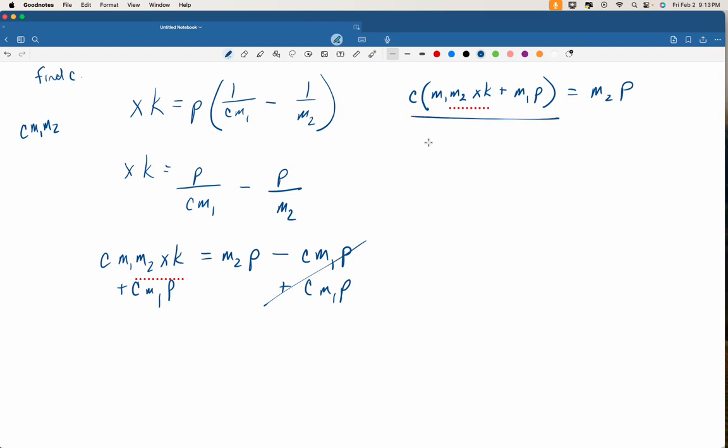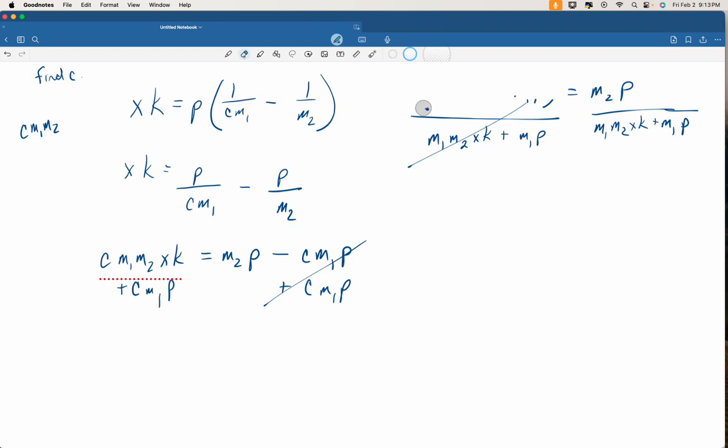Divide both sides by m1m2xk plus m1p. All right, that cancels. So c, I'm not going to rewrite that because you get the idea. c is equal to that.